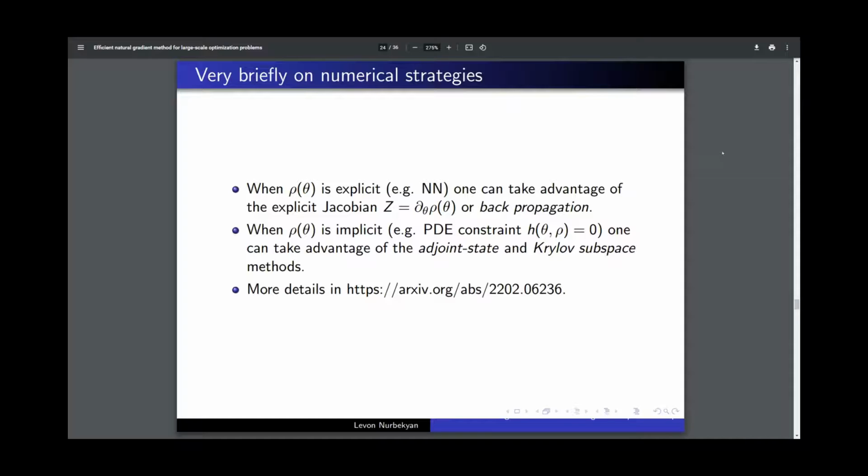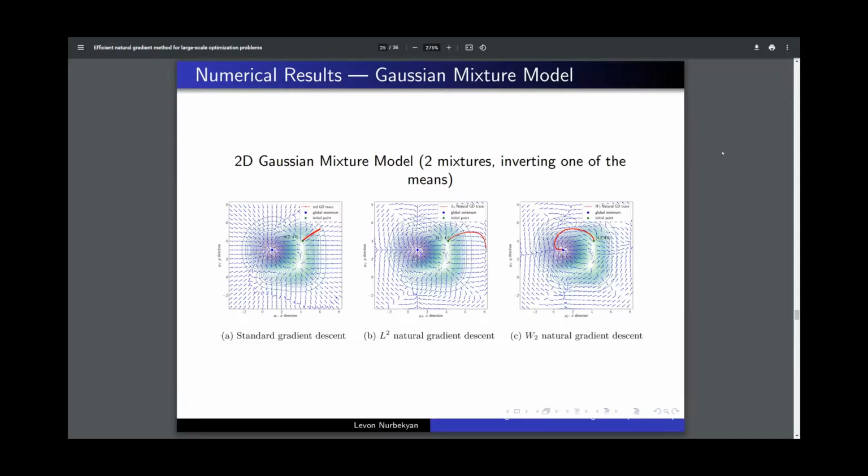If we have a large-scale neural network model, then we can take advantage of the backpropagation algorithm. If we're implicit, then we use the adjoint state method for calculating derivatives, which is standard, and also Krylov subspace methods to solve the linear system of equations. Again, more details can be found in the paper.